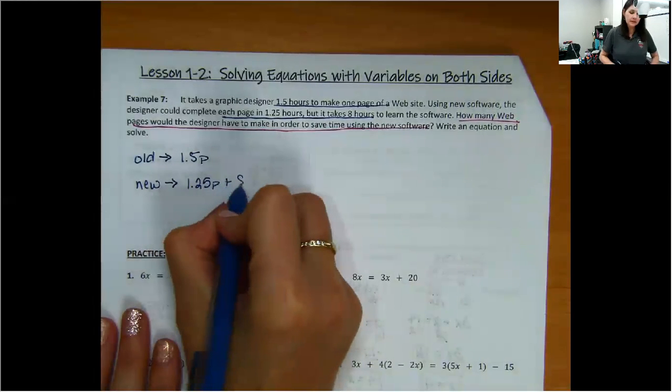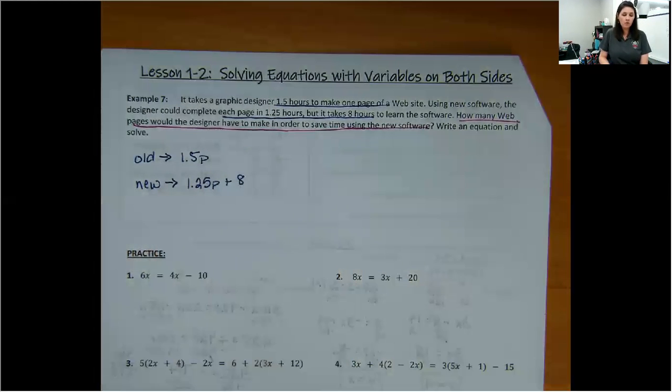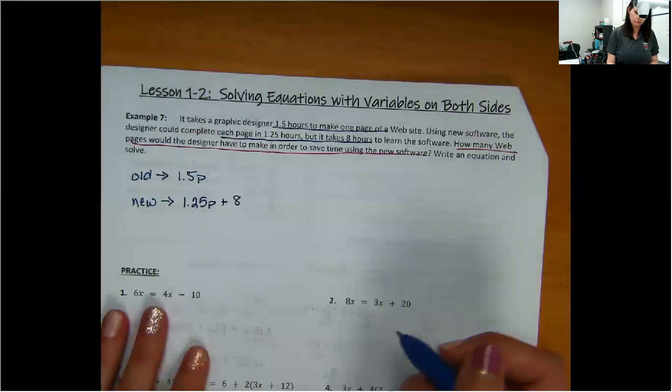Okay, so now we're trying to figure out which one is best, but we need to come up with an equation. Does anybody know how we're going to do this? Mo, what do you think?